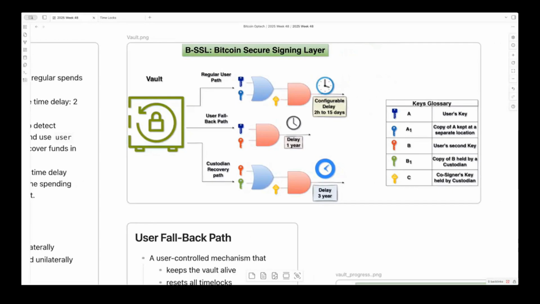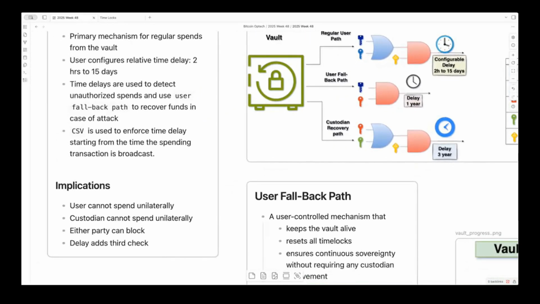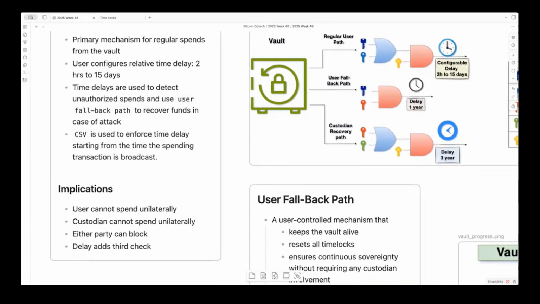But the only thing is that if your key is compromised, because there is a custodian, your funds are safe, and also the custodian cannot spend unilaterally because there is an AND condition involved. So both parties can prevent unilateral attacks by them. So that's the whole idea behind this spending condition.